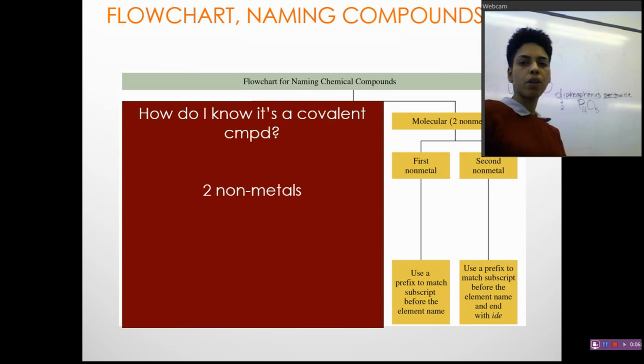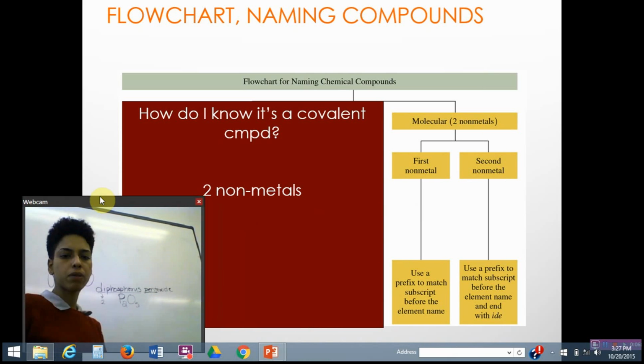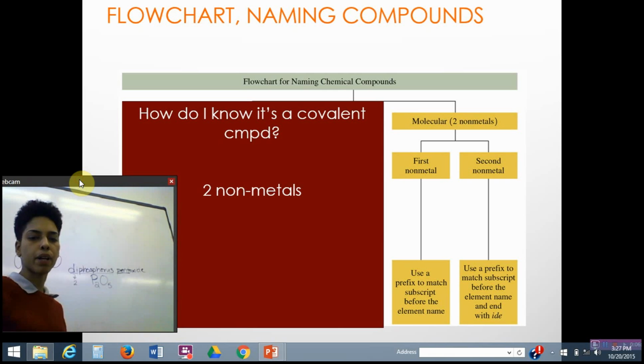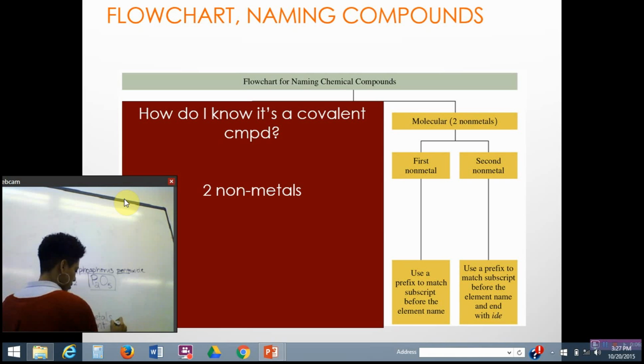How do we know whether you have a covalent compound or not? Just like when we looked at an ionic compound, we know it's going to be a covalent compound if I have two nonmetals. Anytime you're given a formula like this and you see both of these are nonmetals, then this is more likely a covalent compound and not ionic.